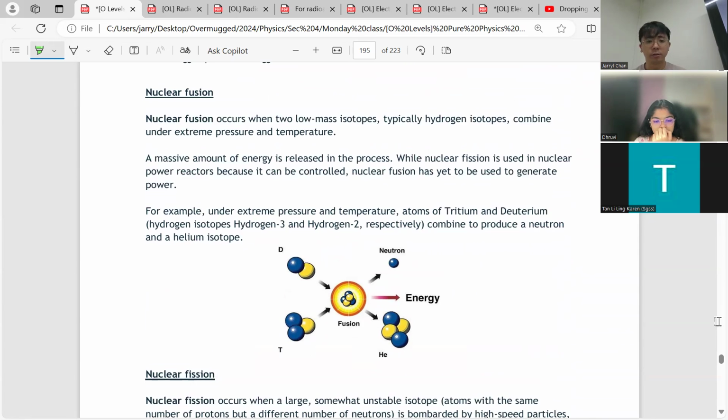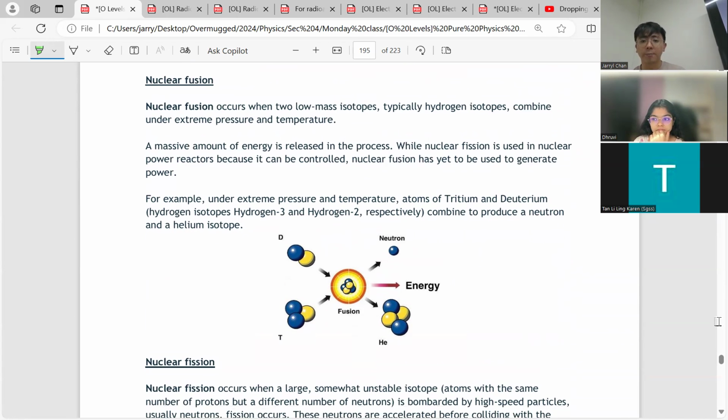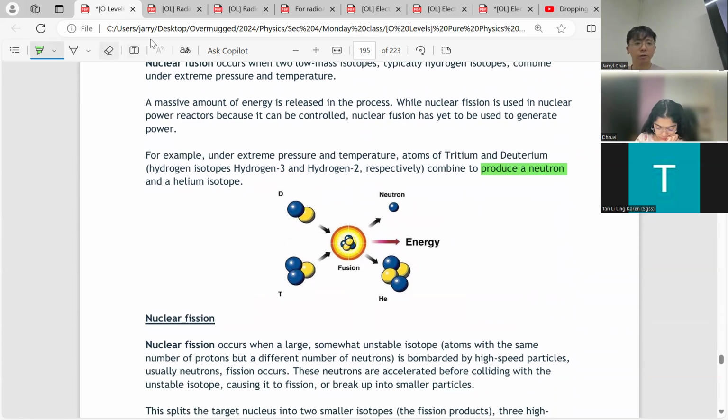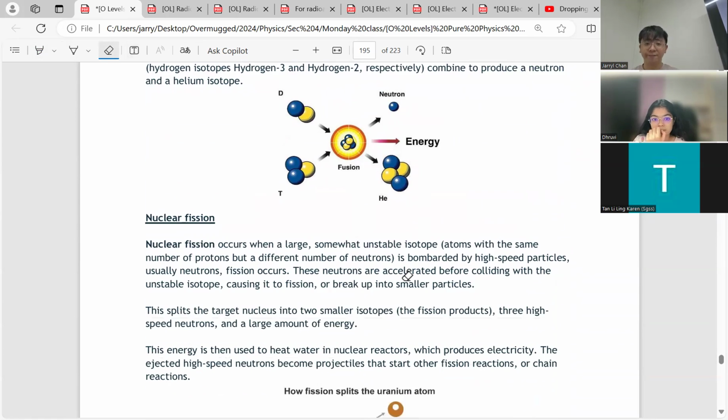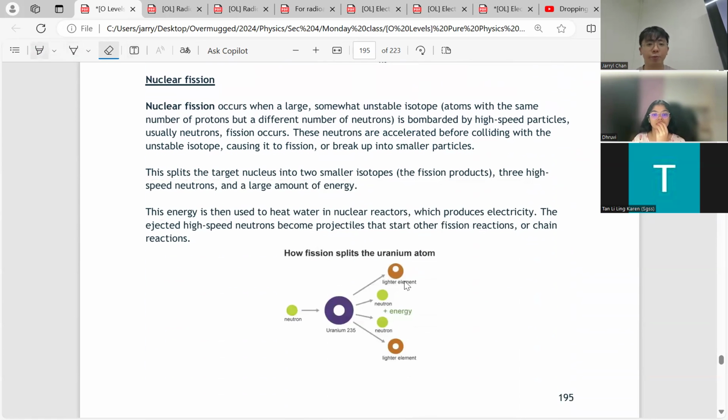Wait, sorry, inverted. We go into fission first. In fission, what happens is I'm producing neutrons. Here, we split the target nucleus into two smaller isotopes and three high-speed neutrons.